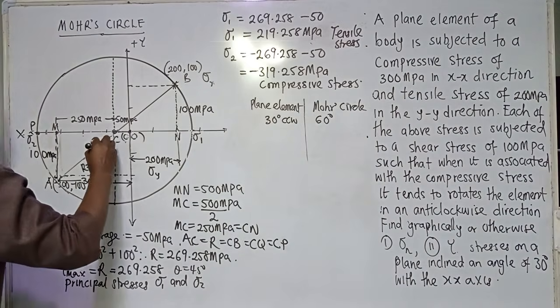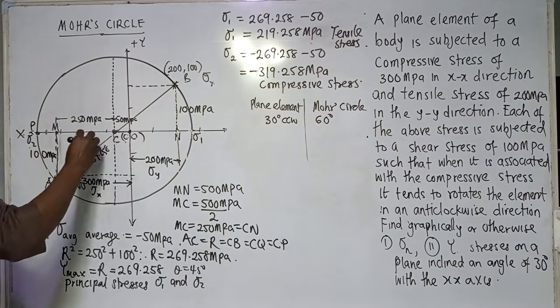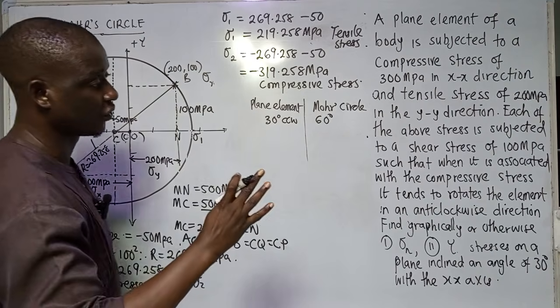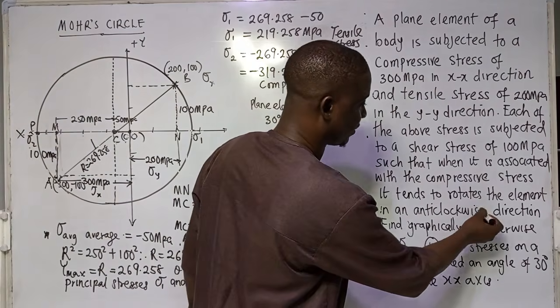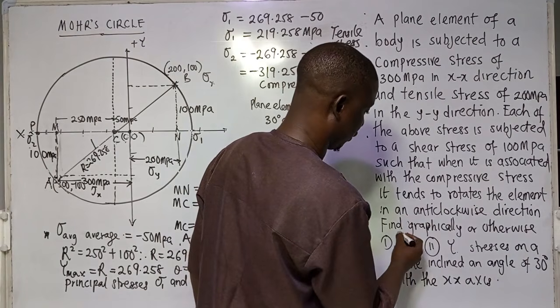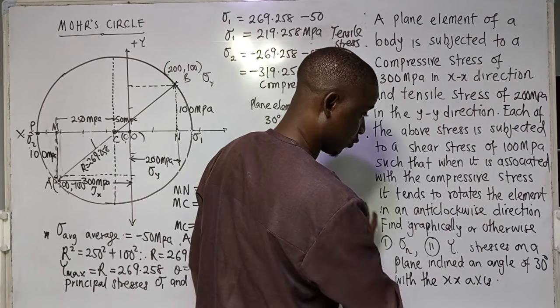So in that case now, we are going to rotate it from A. You shall rotate clockwise, because if you check the question, it tends to rotate the element in the anti-clockwise direction. That is the stress, that's what they say.